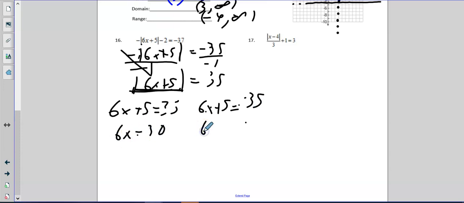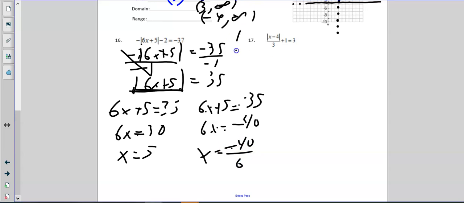On this one, we're going to subtract 5 and get 6x equals negative 40. Then we're going to divide by 6. x equals 5. And over here, x equals negative 40 over 6. And that's okay to have a fraction answer. You should reduce it to negative 20 over 3.